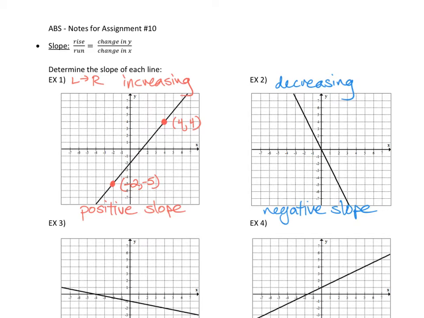That being said, as I travel from this point to this point, I can only move up, down, left, or right. So I can't travel diagonally like this. I have to move either up, down, left, or right. So if I wanted to travel from this point to this point, I could move up. How many would that be? 9.